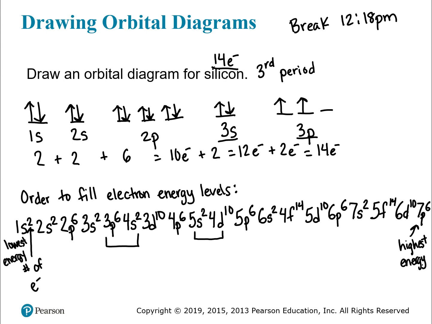Do we have questions? Questions about how we drew the orbital diagram? Don't so much focus on what the order is here. Just know that this is the order. Okay, what's your question?